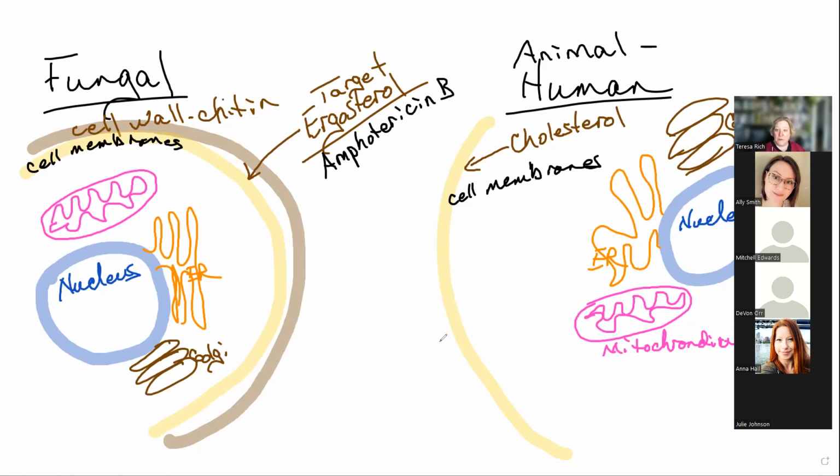We do have some others that are applied topically. So the creams, you can buy creams for athlete's foot and stuff over the counter. Because you just rub it on your skin, it doesn't get into your system, and you're killing mold, fungi that are living in the dead layers of your skin.